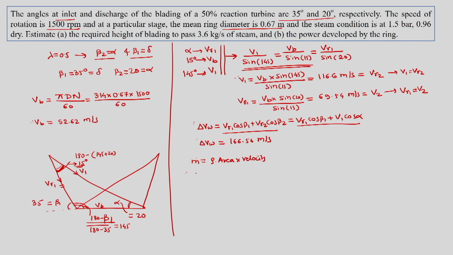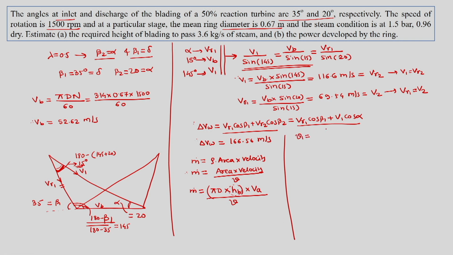So we can make use of this by the fact that it is equal to area into velocity divided by specific volume, where we can write area as pi d, which is mean diameter over here, into h, the height of the blade. This is area, into velocity, which is VA, the axial velocity, divided by specific volume. So for this formula, where we can find out HB, we need VA and specific volume.